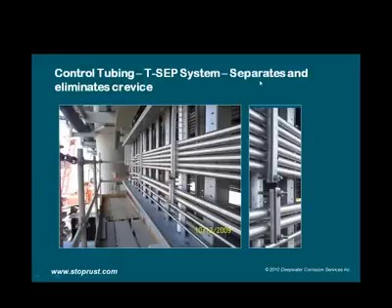Another way that we use the iRod material is in tubing control application to separate the crevice created when the tubing is too close to other tubing where water can be held in between those 2 at the crevice.